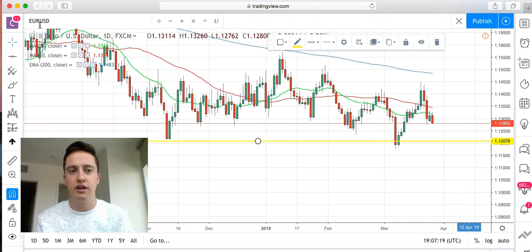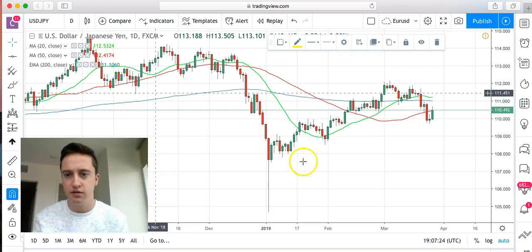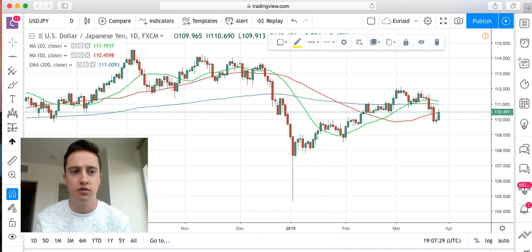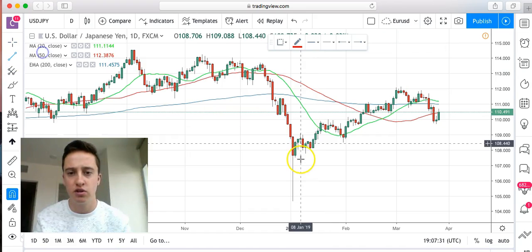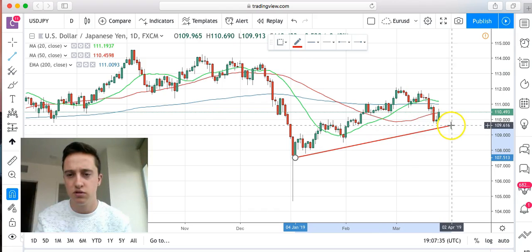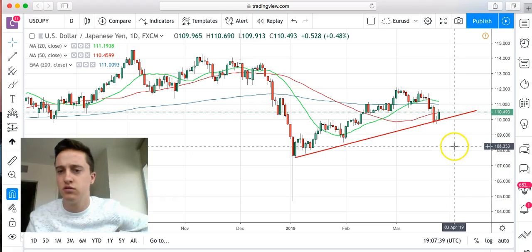I'm actually going to go look at USD JPY and see how that is playing out. Okay, looks to be a buy market. Can grab our trend line, kind of do a little markup on this. There we go.